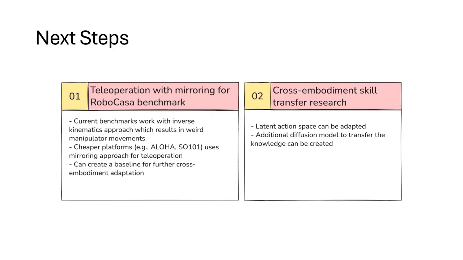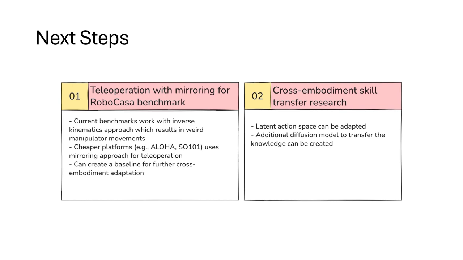The next steps include teleoperation. I am using the RoboCasa benchmark for now. In the RoboCasa benchmark, we have different types of manipulators and humanoid arms, but teleoperation in RoboCasa is a pretty big problem.